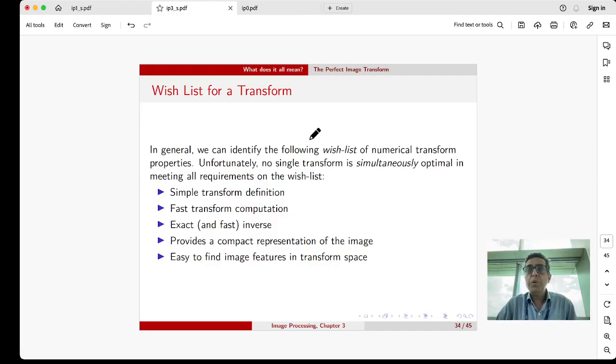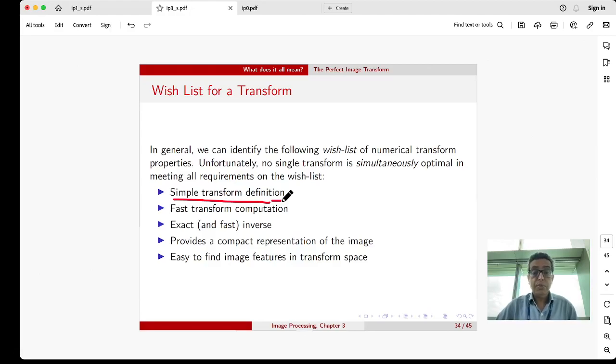It's a bit like cryptography, where you want to share a key so that you can exchange messages. So you want to have a simple transform definition, and there are lots of predefined image transforms out there already. So it's very unlikely you would need to define a custom transform yourself.